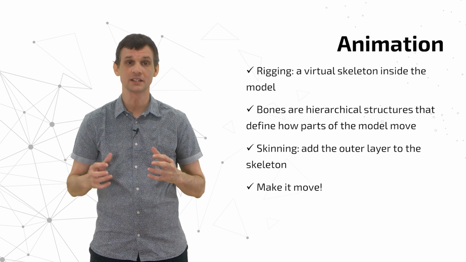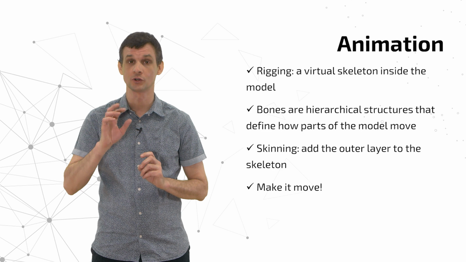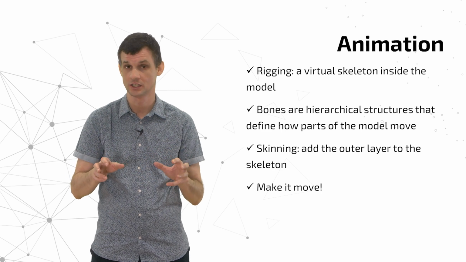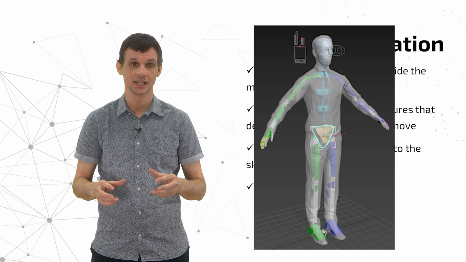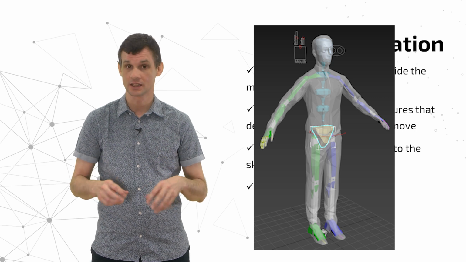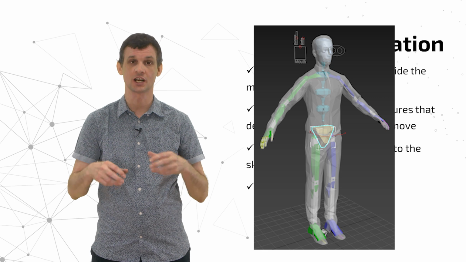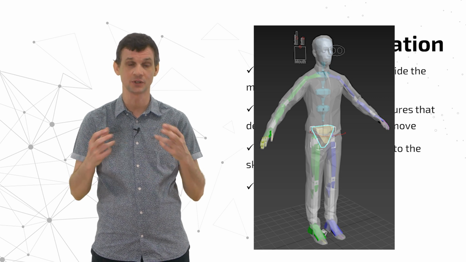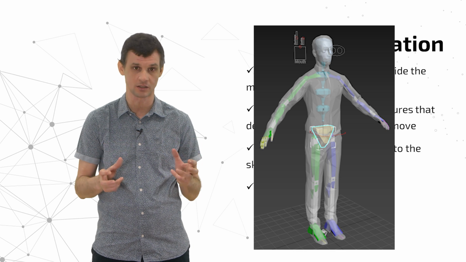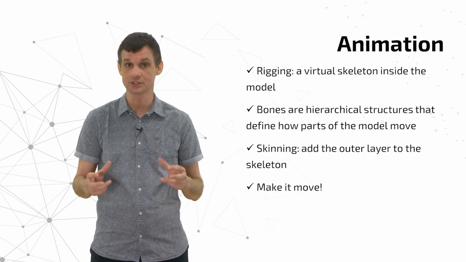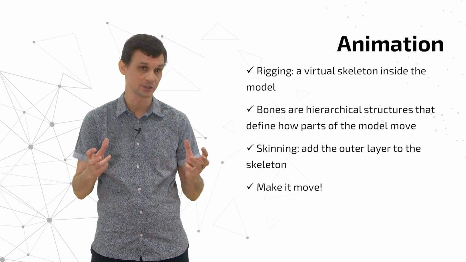The process of making a 3D model move is typically described in the context of rigging and animation. In rigging, a virtual skeleton is created and placed inside the model. This skeleton is made up of bones, which are hierarchical structures that define how different parts of the model move in relation to one another. The next step is to bind the 3D model's mesh, its outer layer, to the skeleton.